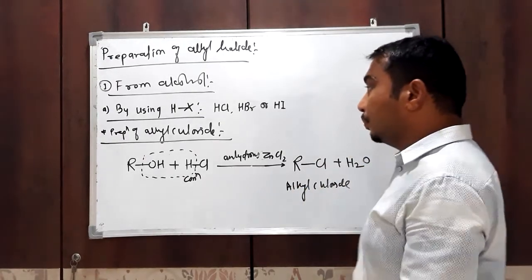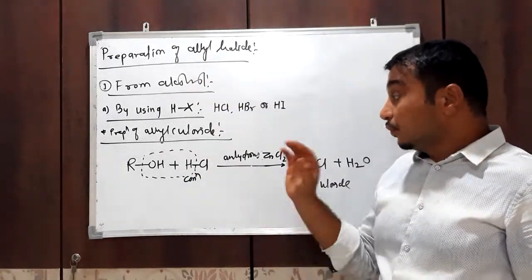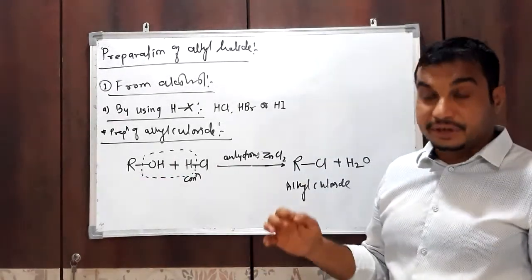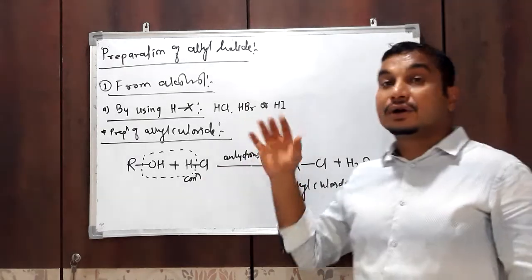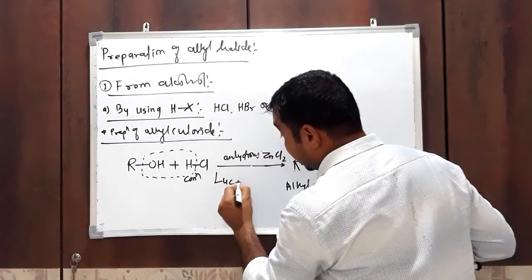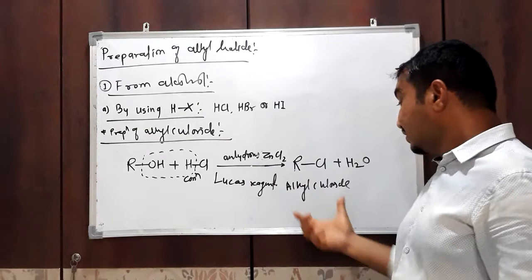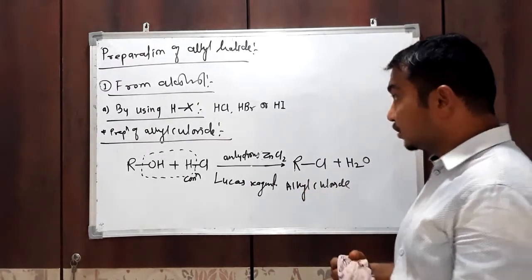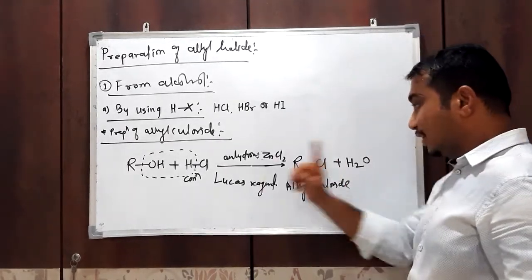If you want to prepare alkyl chloride from alcohol, we have to react this alcohol with a reagent containing a solution of anhydrous zinc chloride and concentrated hydrochloric acid, which is known as Lucas reagent. That will give us alkyl chloride. So this is the first reaction for the preparation of alkyl chloride by using alcohol.